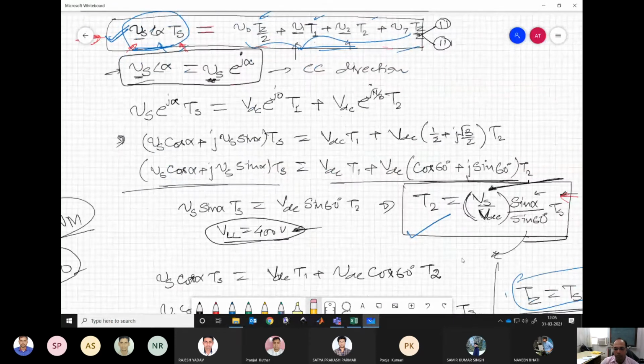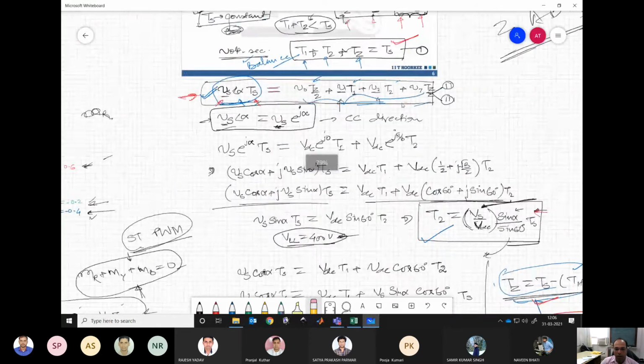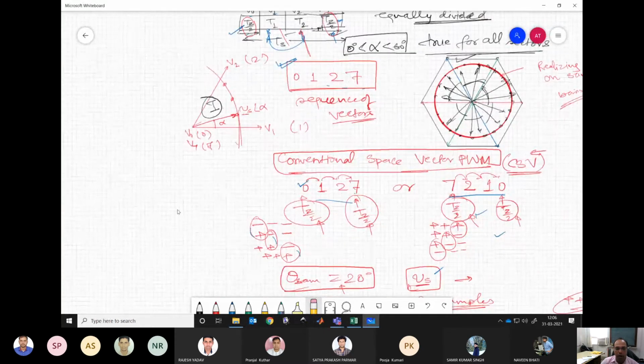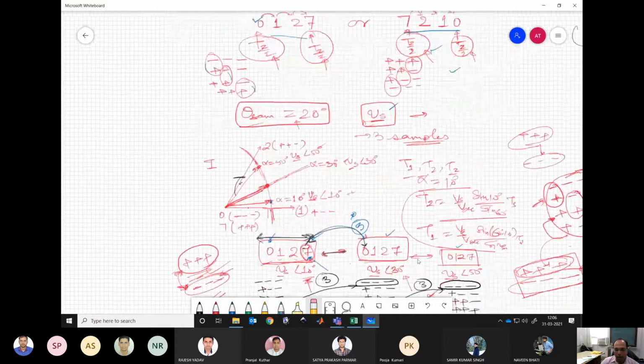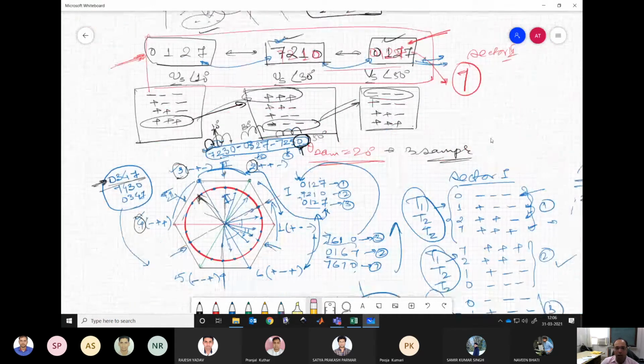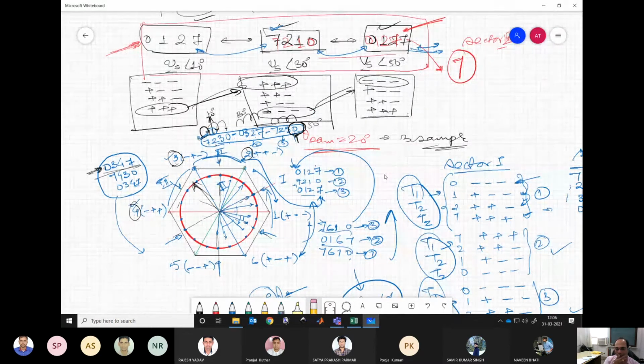We have seen the equivalence with the sine triangle PWM, and how we compute the dwell time for different vectors. And we have gone for some suitable cases, how we need to place the switchings.